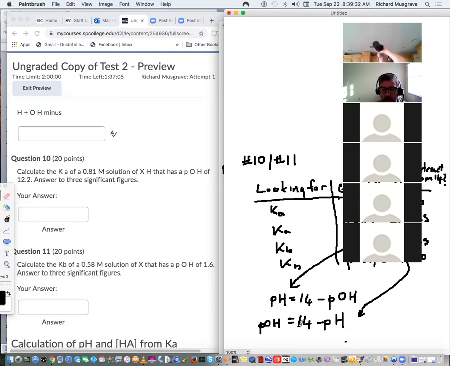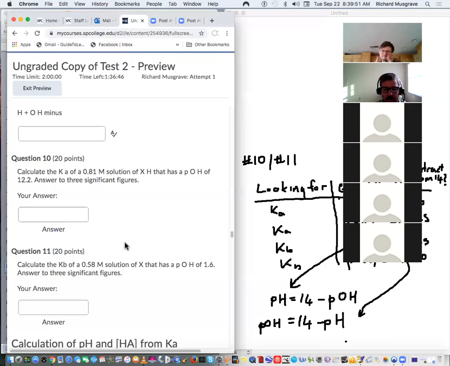Ka will always need H plus, so in the end we need pH. For Kb, we need OH minus, so in the end we need POH. All right, does anybody have any questions at all about any of that? Okay, all right, so as long as everybody's clear on this, we'll move on to the next part.